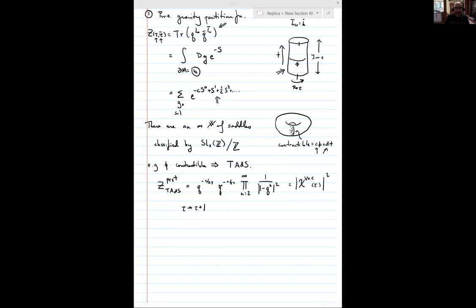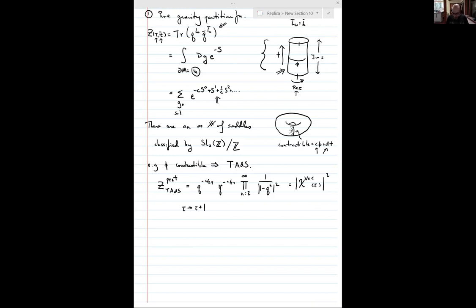Well, in terms of this picture up here, that is just a 2 pi twist of one of these boundary circles. So instead of identifying with a particular real tau, I'm identifying with real tau plus 1 or plus 2 pi. I'm using units where 2 pi is equal to 1 here.